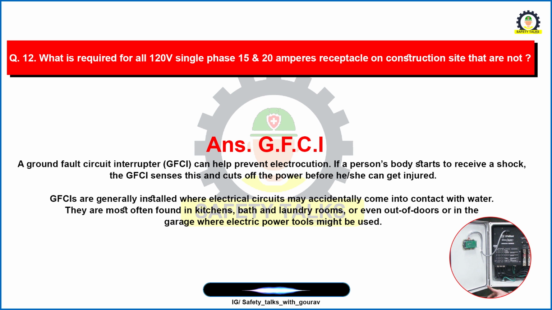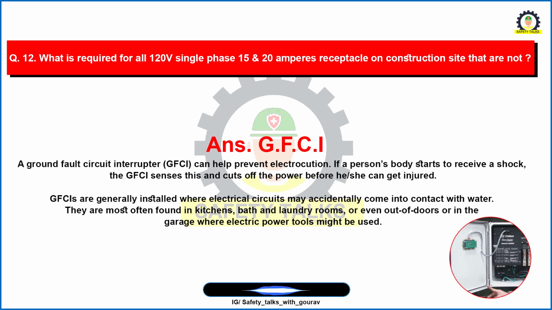Okay, so a ground fault circuit interrupter, GFCI, can help prevent electrocution, and if a person's body starts to receive a shock, the GFCI senses this and cuts off the power before he or she can get injured. Apart from that, GFCI ground fault circuit interrupters are generally installed where electrical circuits may accidentally come into contact with water, and they are most often found in kitchens, baths, laundry rooms, or even outdoors and in the garage where electrical power tools might be used.